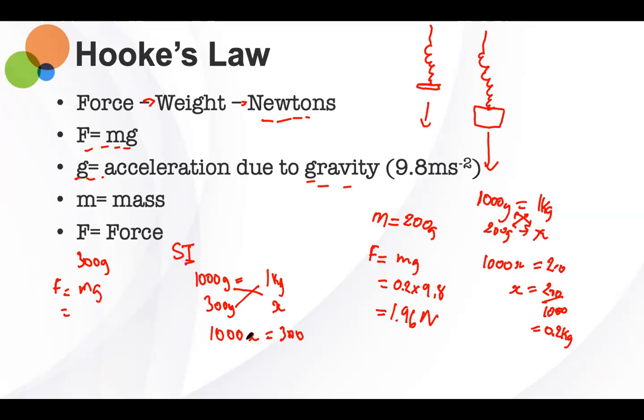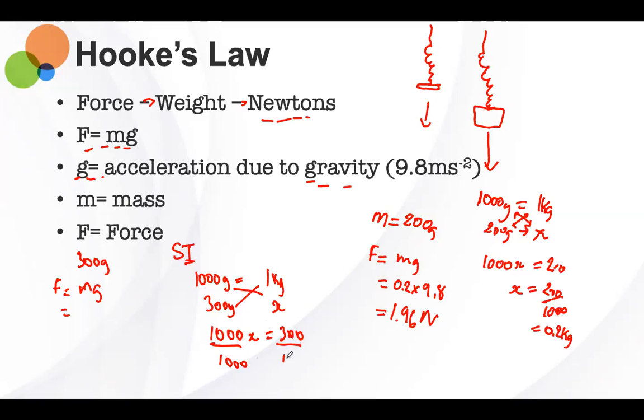So what do we do next? We want to get rid of this guy, so we divide both sides by 1,000.